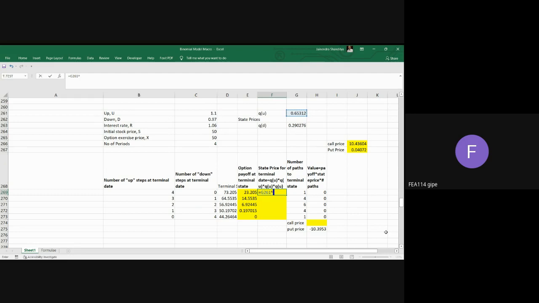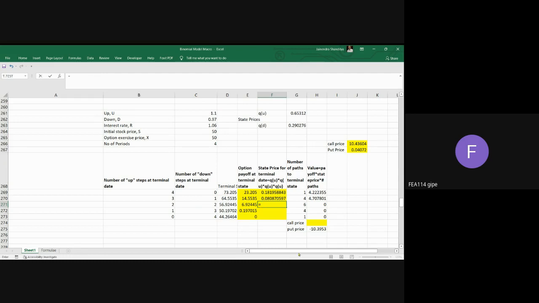So I'll just use power 4, and I will get the value 0.182. In the second situation, the up movement is 3 times, so I will write this raised to power 3 into QD. So I got 0.080.